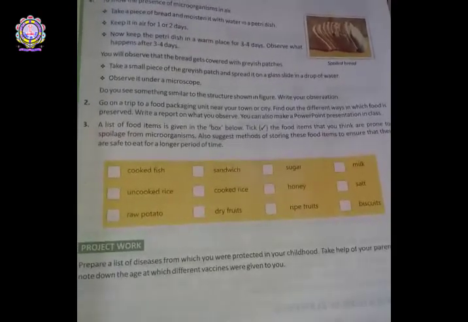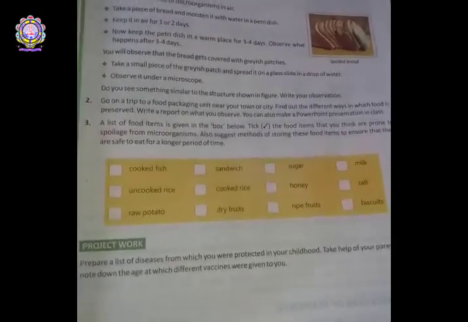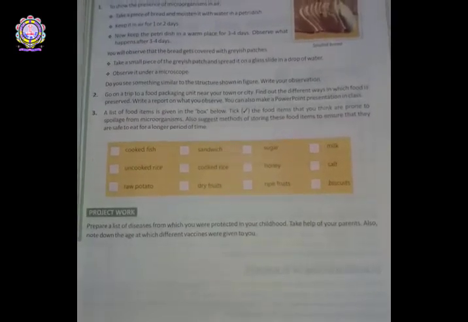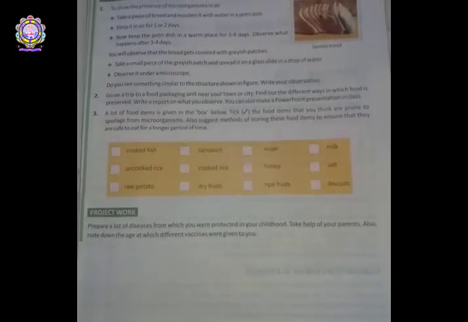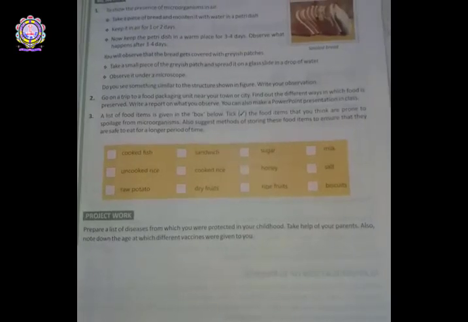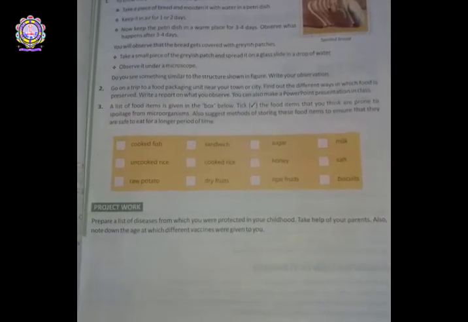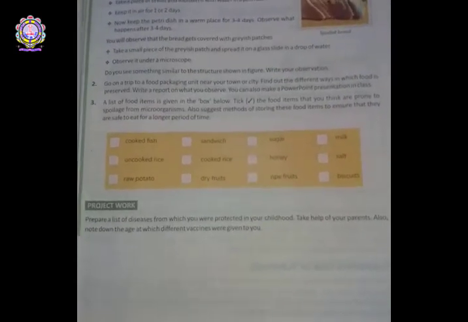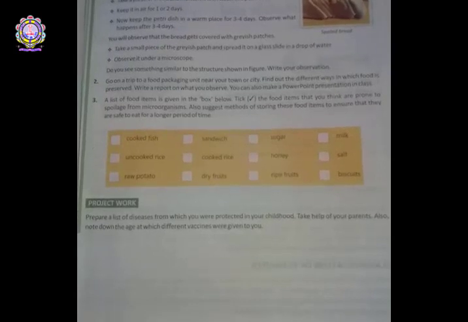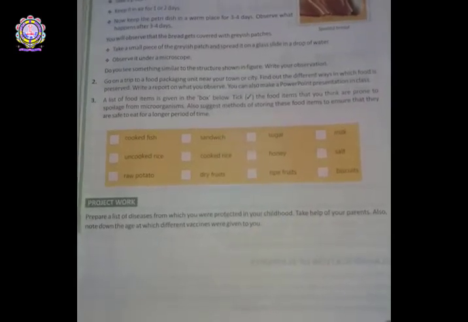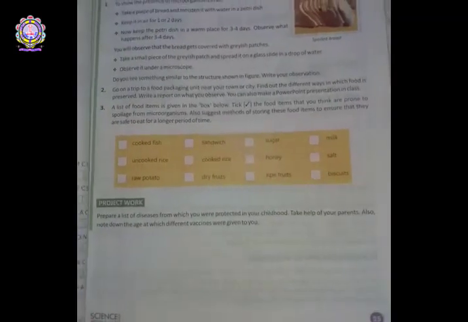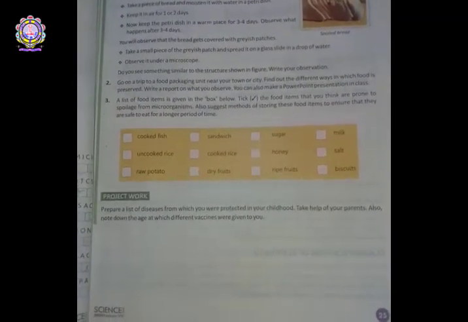You all do these activities. The next question is question number 3. Some edible materials are shown in this chart, with boxes made in front of the edible materials.